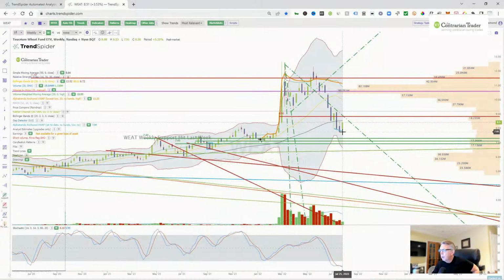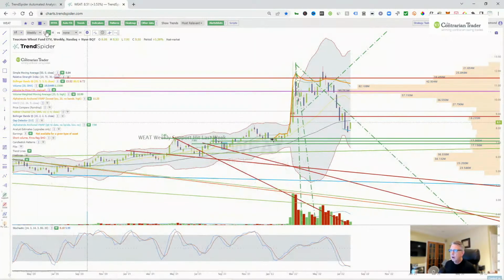On our stochastics below, you can see that we're setting up for a potential double bottom setup. That's bullish stuff. Would I buy here? Yeah, I wouldn't get all in. I would nibble here. I would use a stop right below the lows of the month, but I would not get big. Daily chart.